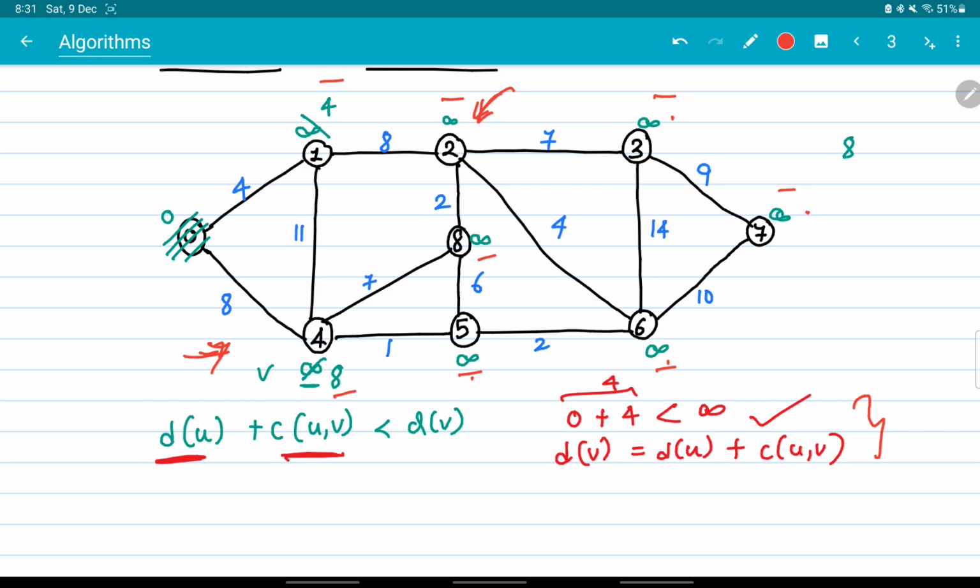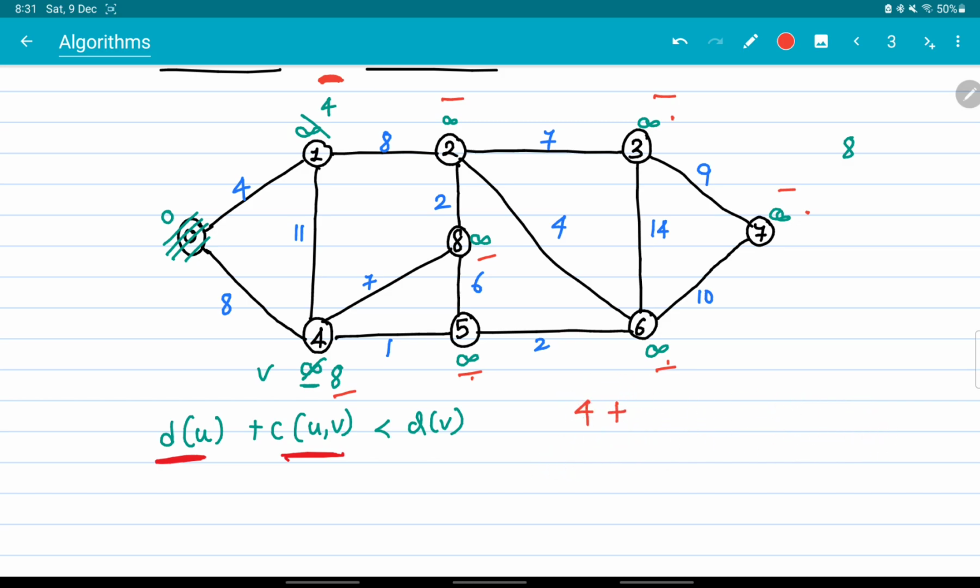Okay, and I'll be leaving out this vertex 0 because it is a visited vertex. So now I'm going to check from 1 to 2 and 1 to 4. So first let me see 1 to 2. Now the distance of vertex 1 is 4. You can see here the distance is 4. Now let me write it over here.